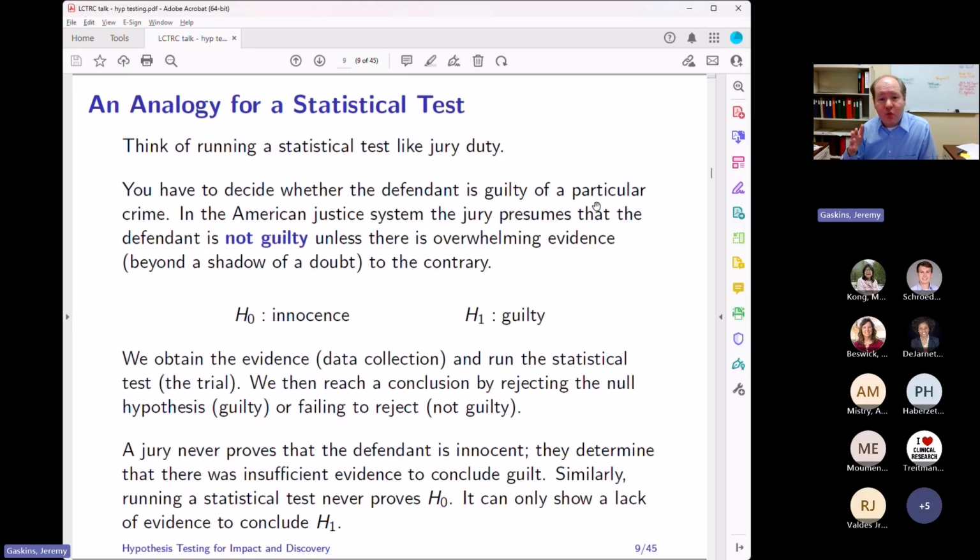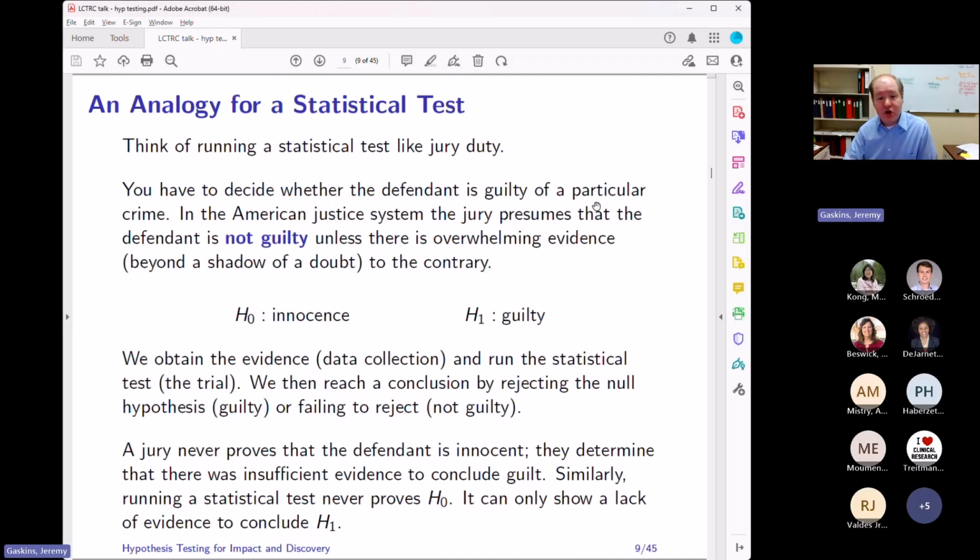So, during the course of a trial, right, the jury has to decide whether the defendant is guilty of some particular crime, right? And the way it's supposed to work, if you've watched enough Law and Order, right, we know the jury is supposed to presume that the defendant is not guilty unless there is overwhelming evidence to the contrary, right? And that sort of overwhelming evidence we call beyond a shadow of a doubt.